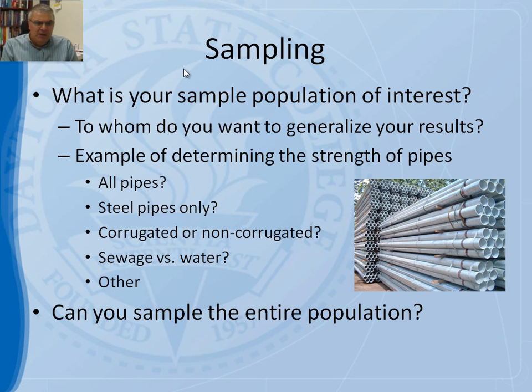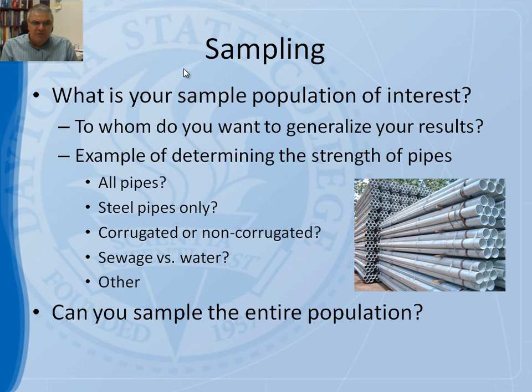So is our goal to measure the strength of all the pipes? Does it apply to steel pipes only, assuming that the company makes other types of pipes? What kind of pipes are we going to sample from? Is it corrugated or non-corrugated, in case a company makes both?